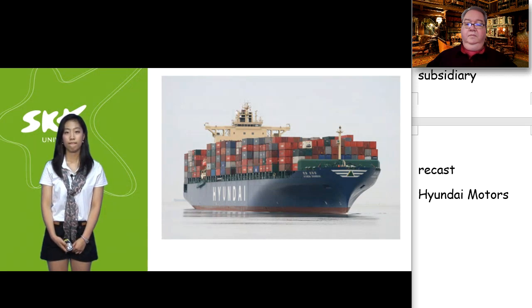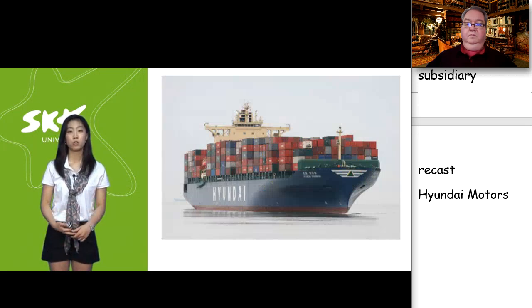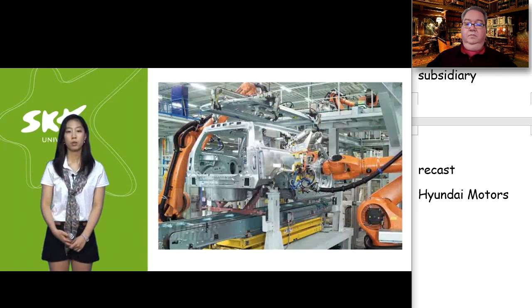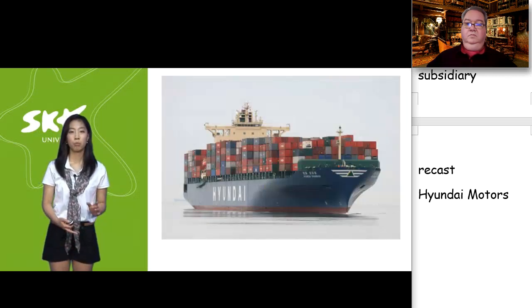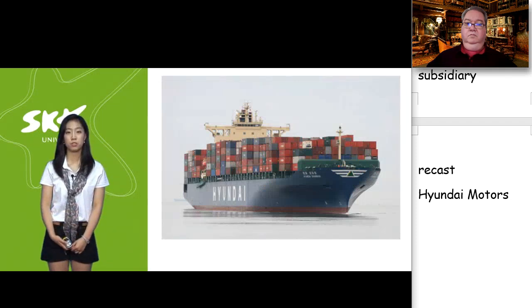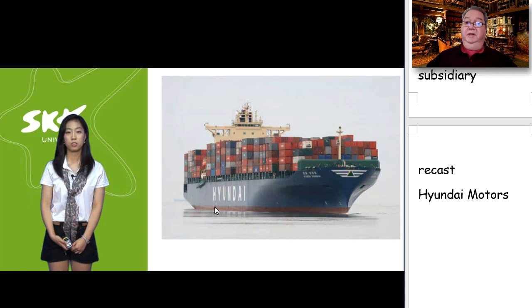Hyundai is also the world's number one manufacturer of ships. Does Hyundai Motors build ships? No, they do not. Who builds these big ships with Hyundai on the side?